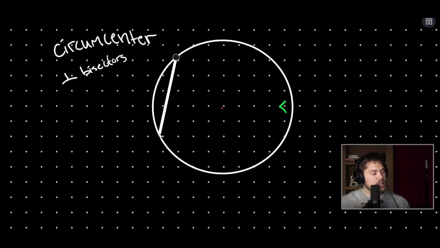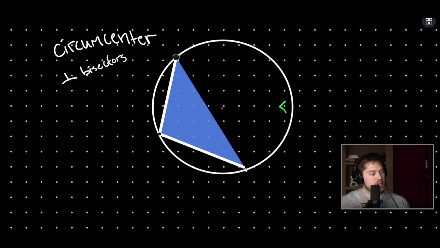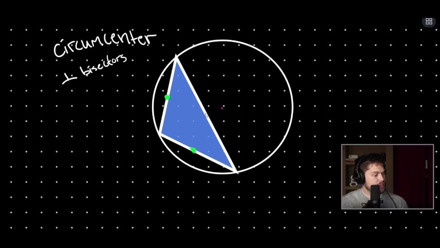So here, this is an obtuse triangle for sure. And let's mark our midpoints. Our midpoints appear to be about right here, about right here, and about right here.